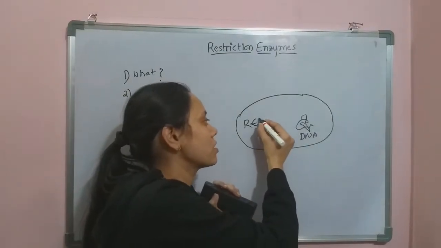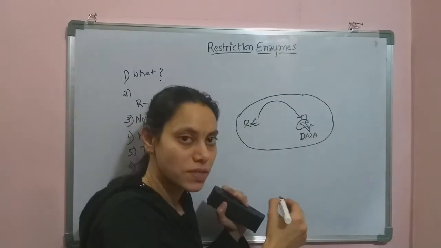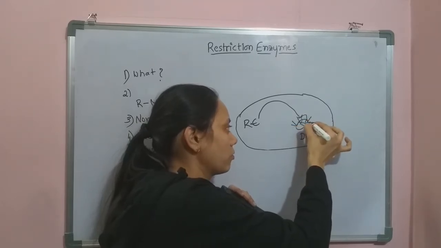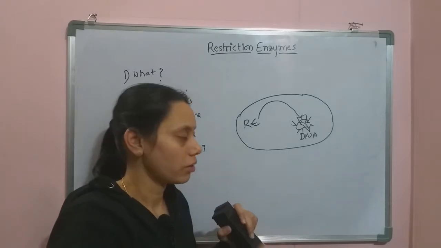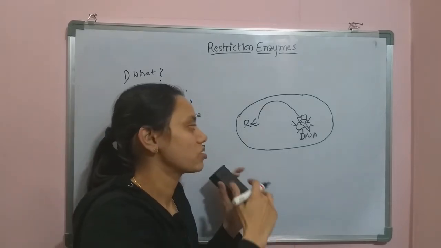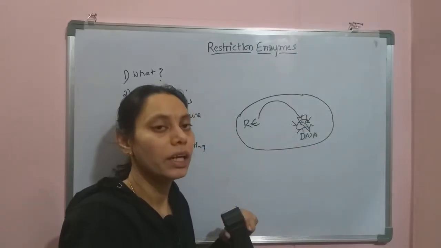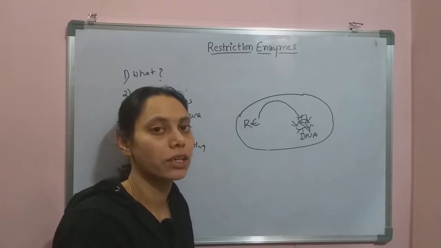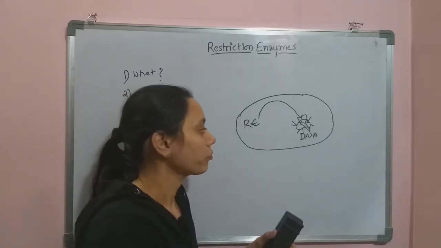These restriction enzymes will bind with the bacteriophage DNA and degrade it before it does multiplication and all. So these restriction enzymes are able to cleave the foreign DNA that enters the bacterial cell. That is the basic biological significance of the restriction enzymes.